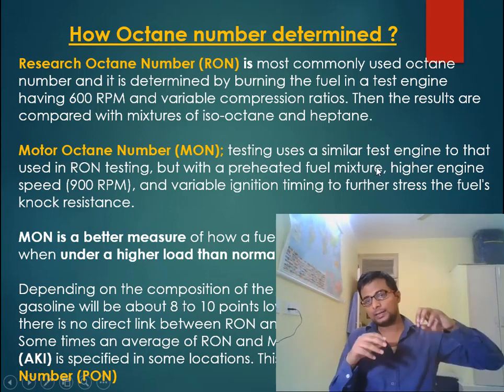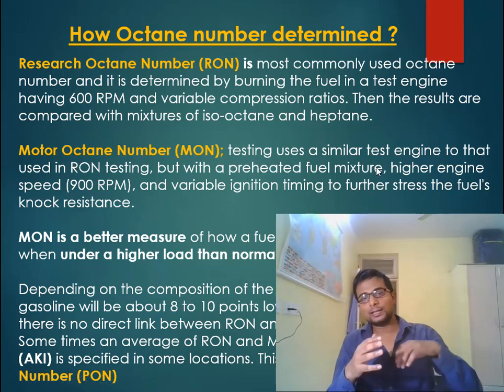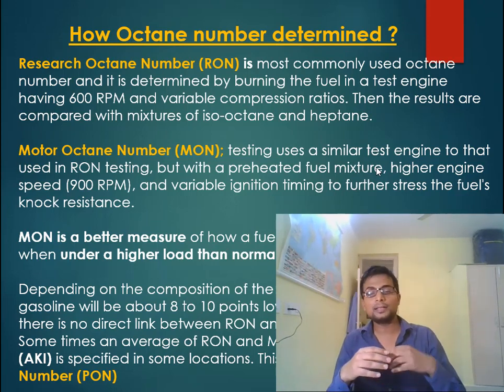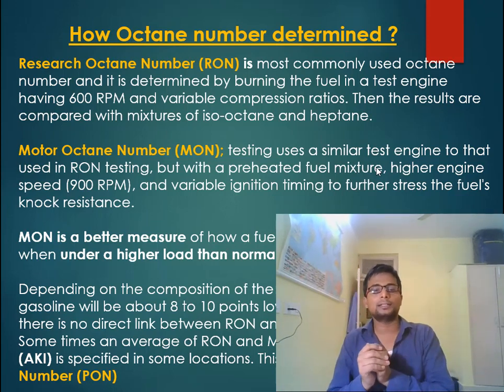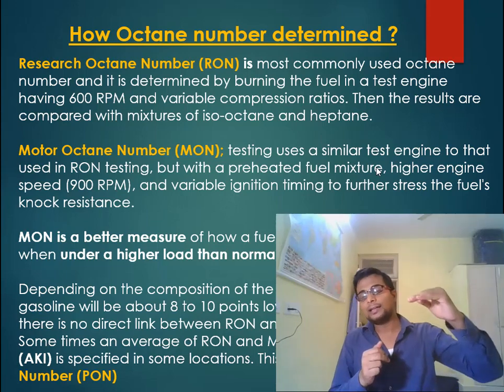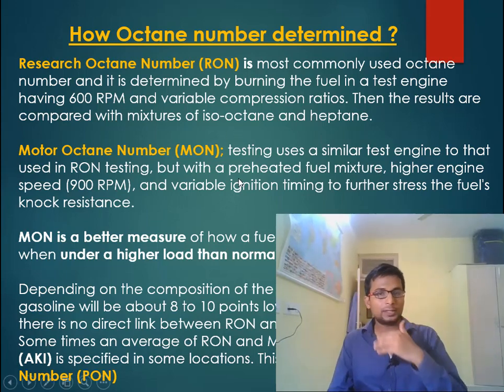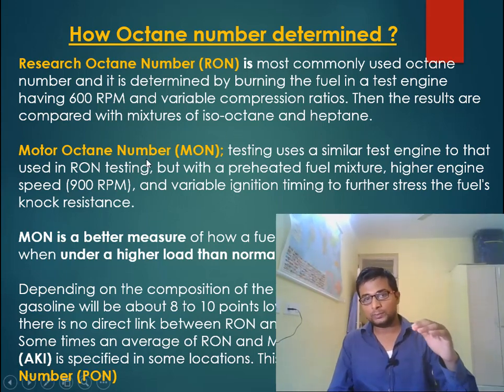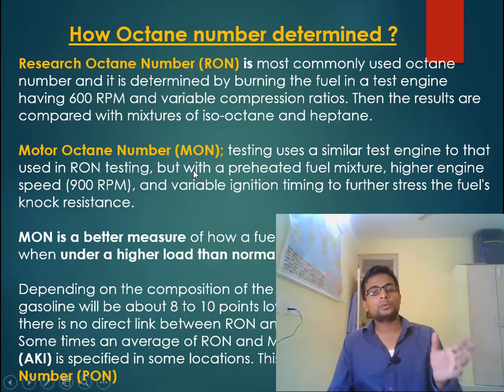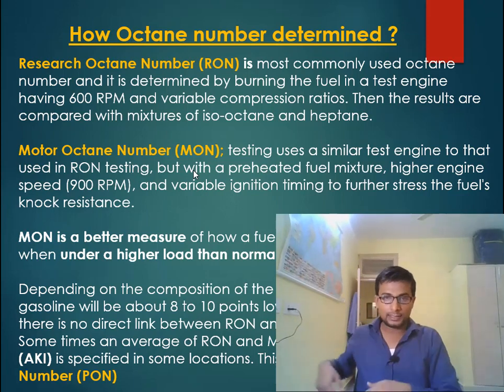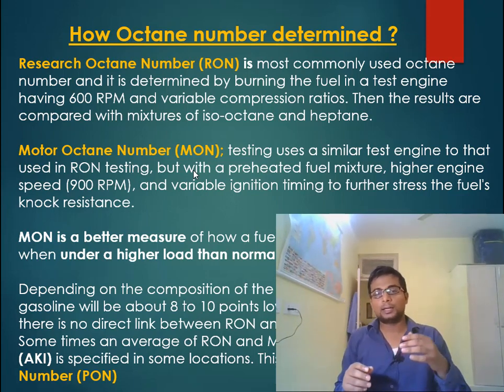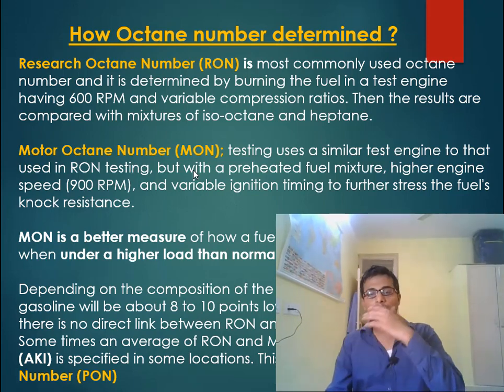Since we are stressing the fuel more, the chances of knocking tendency will be higher, and because of that it will show high knocking for the same fuel for motor octane number. When we compare that with the chart, we will find that it corresponds to a lower percentage of isooctane.